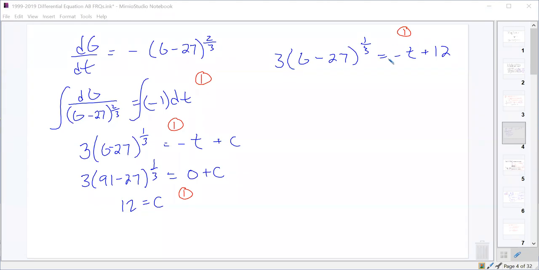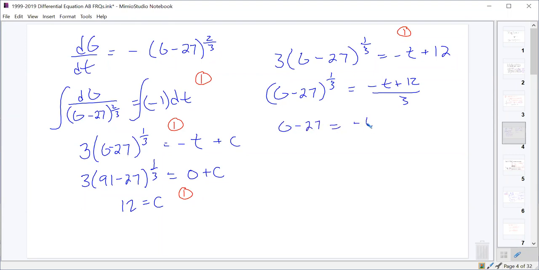So we divide by the 3. g minus 27 to the 1/3 equals (negative t plus 12) over 3. And then we would have to cube this to clear off the 1/3 power. So g minus 27 equals ((negative t plus 12) over 3) cubed. And g is 27 plus ((negative t plus 12) over 3) cubed.